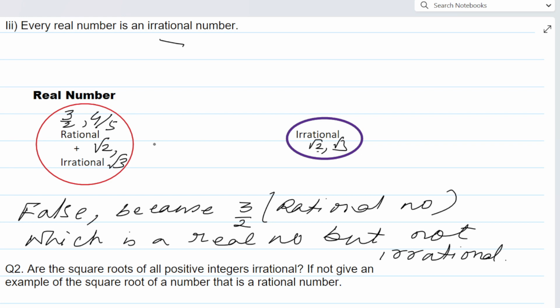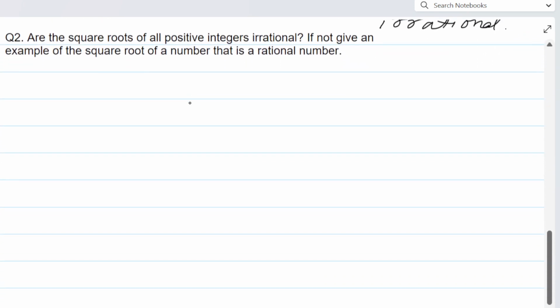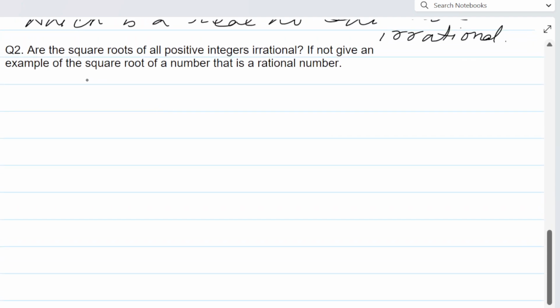Now let's go to example 2. What is example 2? Are the square roots of all positive integers irrational? Let's take any positive integers.